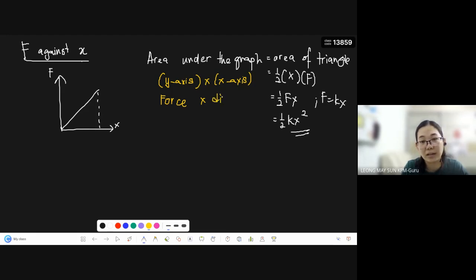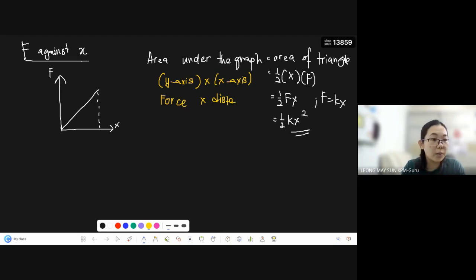Extension is the distance that is being extended. So force multiplied by extension is the work done to extend the spring.